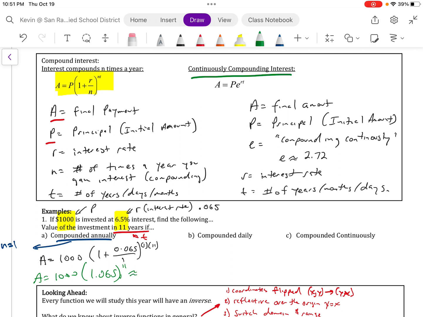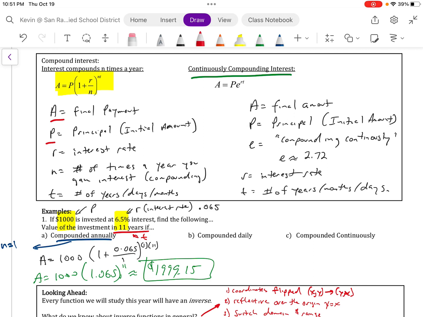We're going to have to use our calculator for that, and we get approximately $1,999.15. Which isn't too bad. I mean, well, actually not that great, but 6.5% is more than inflation. Historically, the stock market is about 7%. So if you can invest something at 6.5%, that's pretty good.